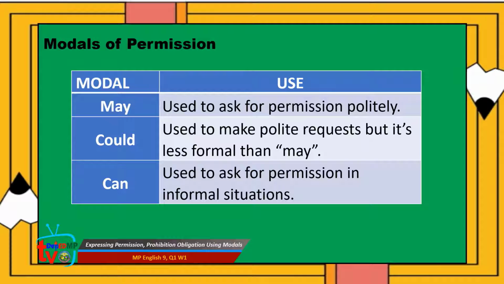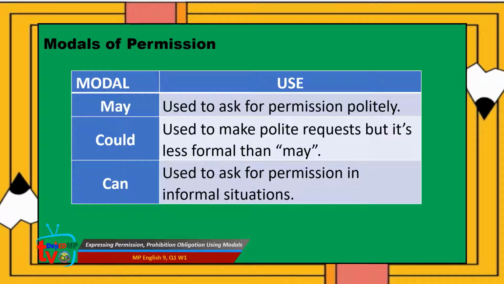Let's check the different uses of the modals may, could, and can. The modal may is used to ask for permission politely. Could is used to make polite requests, but it's less formal than may. And can is used to ask for permission in informal situations.